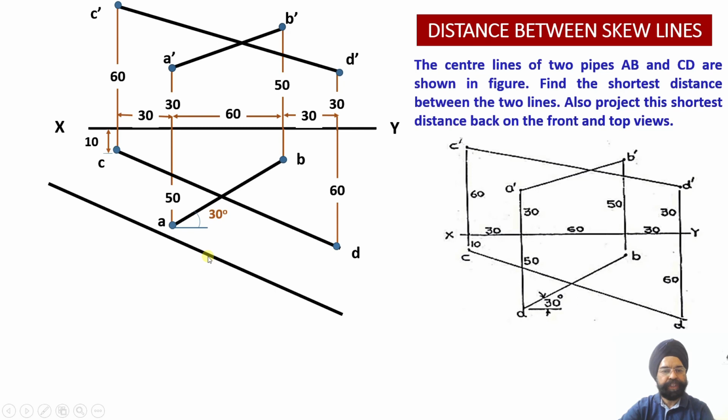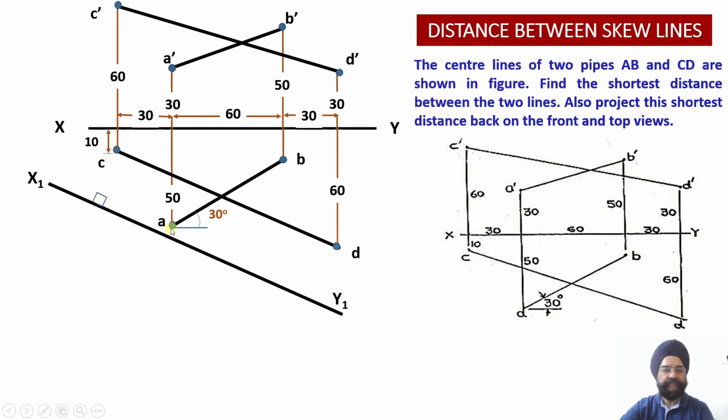Usually I would have drawn this AVP very close, but then it would have interfered with the existing lines. So clear of the original image, as close as possible, I need to draw my auxiliary vertical plane X1 Y1. Having drawn this AVP parallel to CD, now I will be drawing 4 projection lines.